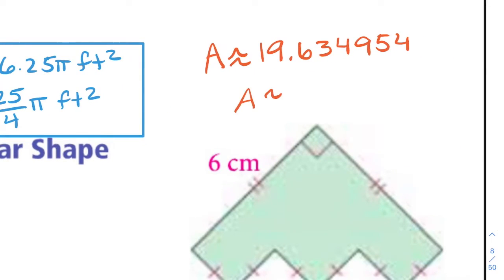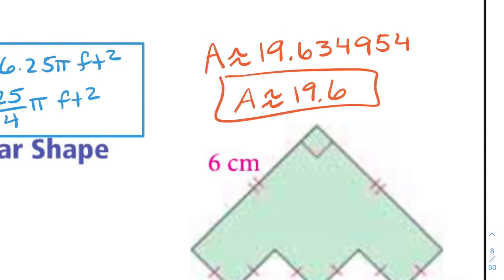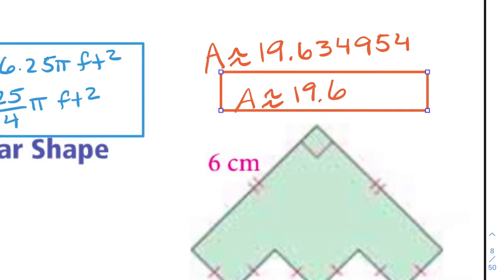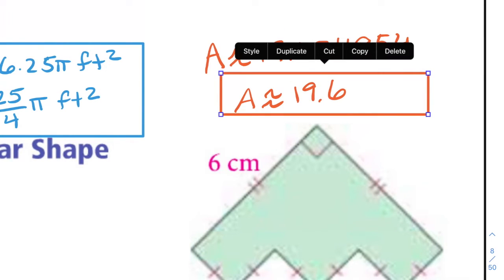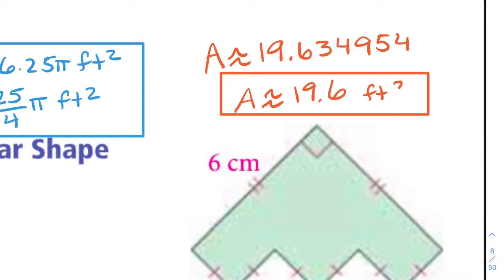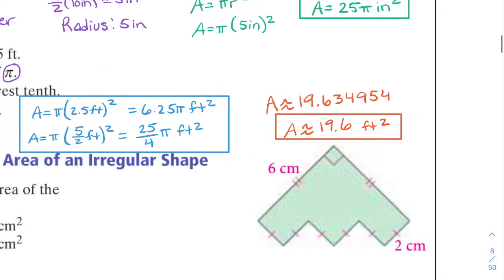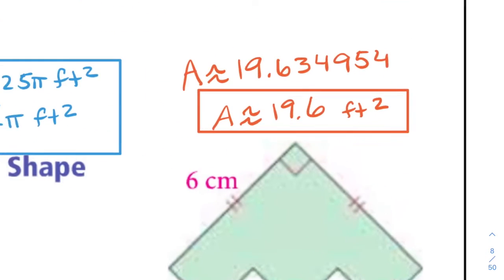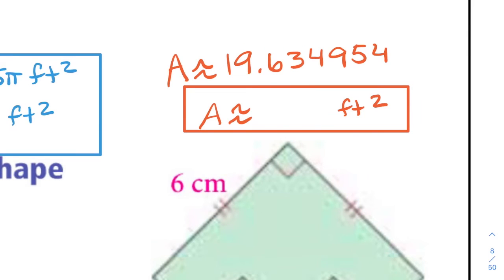So area approximately equals 19.6 to the nearest tenth. And it's feet squared. Okay? And that is it for that one.